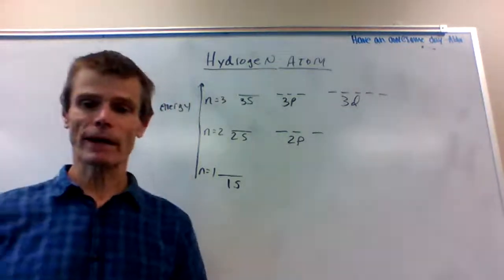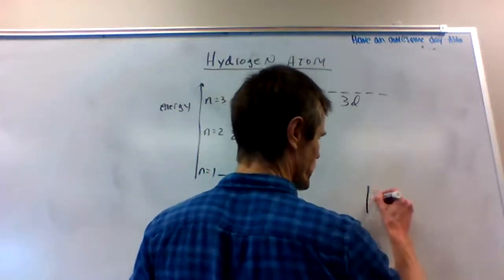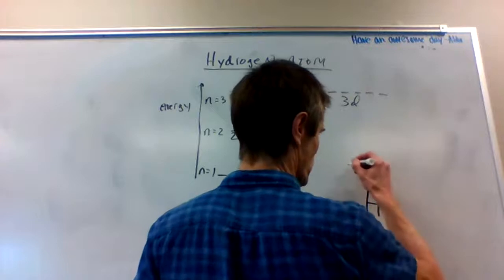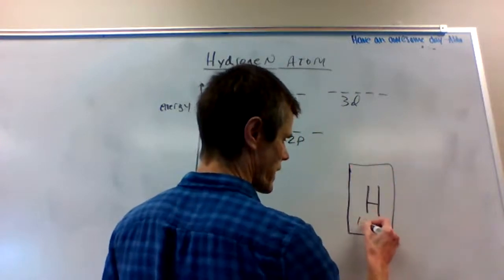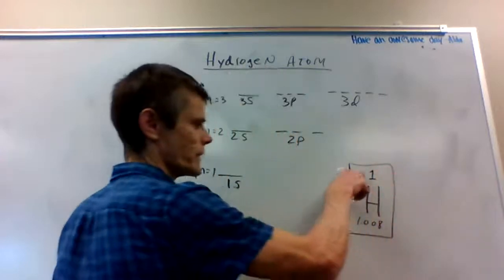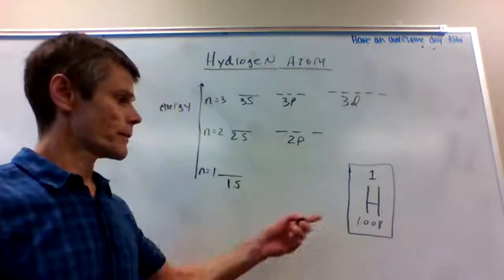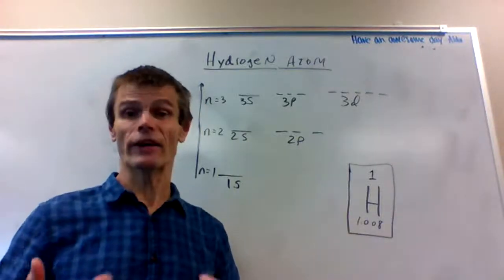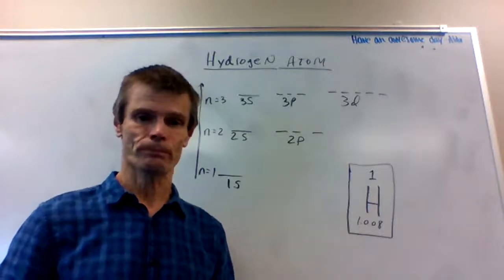What we need to recognize from the hydrogen atom's position in the periodic table is that the atomic number is 1, and it's a neutral atom. The single hydrogen atom has a single electron since it only has one proton and it's neutral.